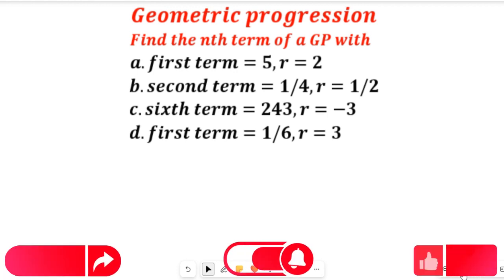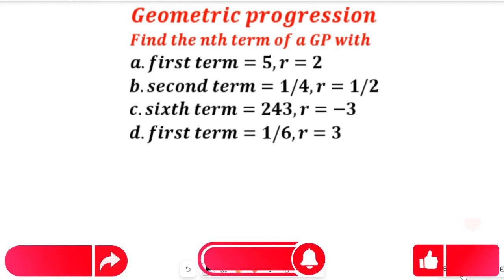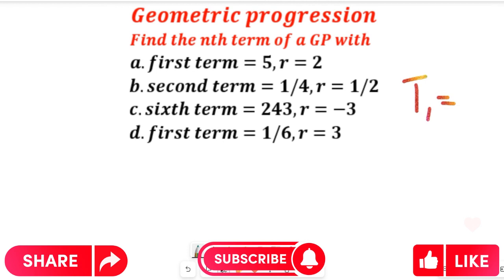Now, how do we go about this? I want you to remember one great rule, that in any GP, the first term, which we know as T1, is equal to A. Now let's bring it out.